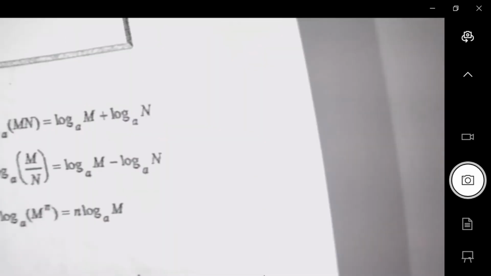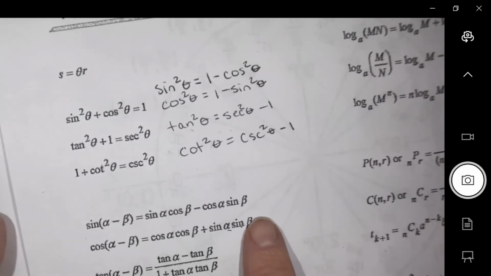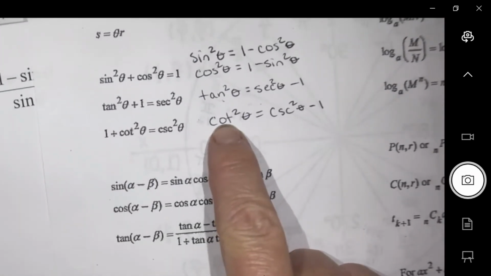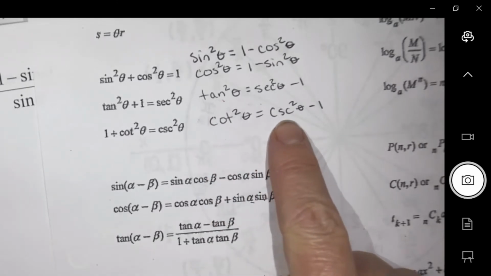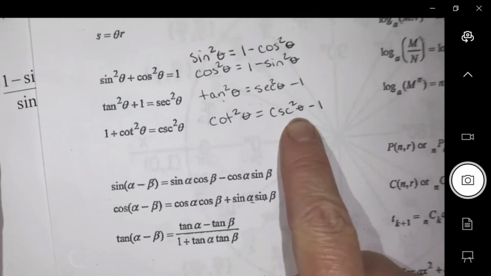Did you see anything? This is what I'm visualizing because I always have to think a couple steps ahead. If I replace cotangent squared with this, I feel like I could factor that as a difference of squares and get somewhere with a cancel.